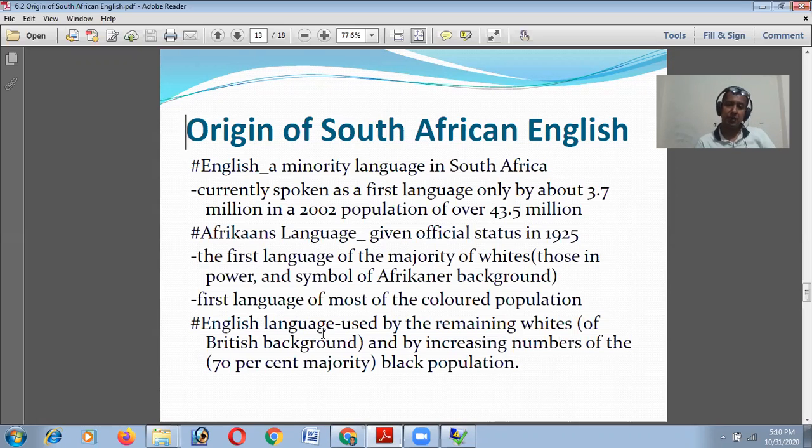English is used by the remaining whites of British background, and by an increasing number of the 70% majority black population. So the black population use the English language there, though they are a minority in comparison to the total population of South Africa.